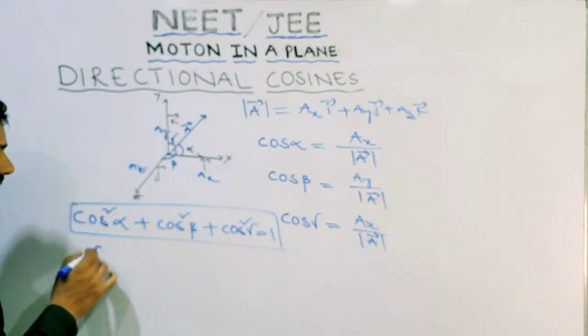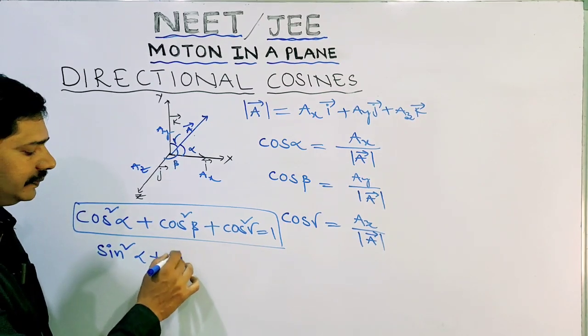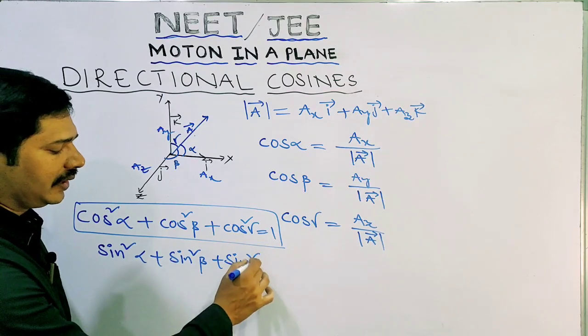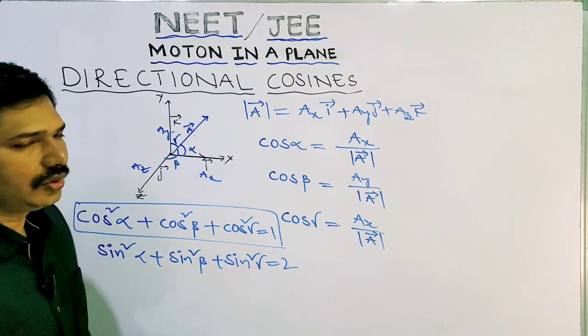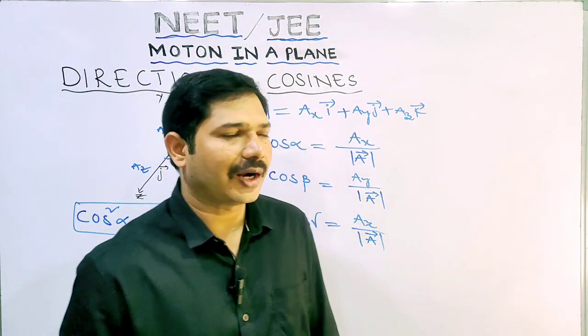Like that only, sin square alpha plus sin square beta plus sin square gamma equals 2.